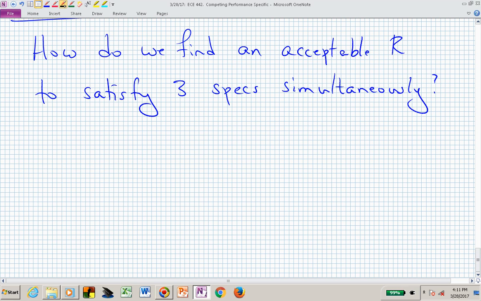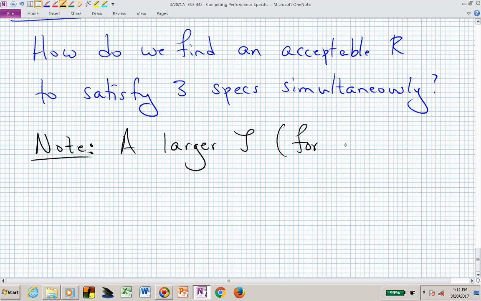And let me just make a comment on what I tried to show earlier. If we looked at trying to reduce our overshoot by going with a larger damping ratio, zeta, this now gives us a smaller percent overshoot.